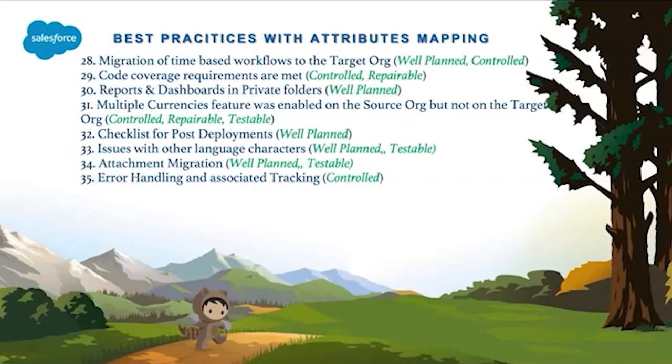We were doing the migration of files from one org to the other, and whenever we were extracting the files, we identified the file naming convention that had been followed. It has some Asian characters in it, and we were using a data migration tool to migrate the data from one org to the other.